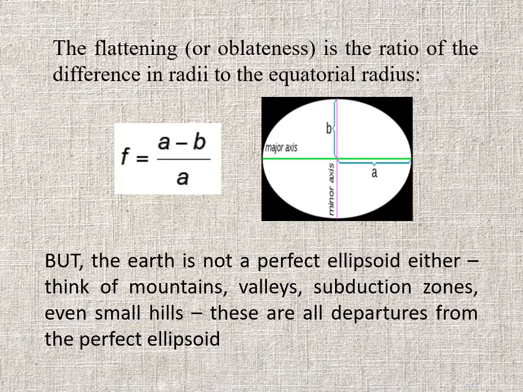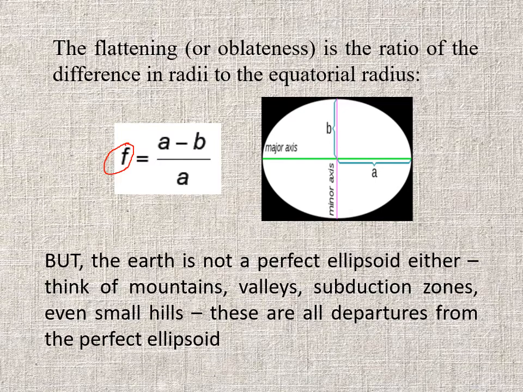Now, the flattening in the polar region, or the oblateness in the polar region, can be defined by the flattening ratio, or oblateness value, that is defined as f.